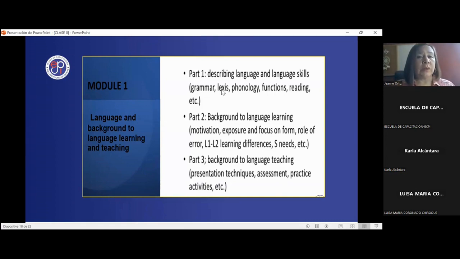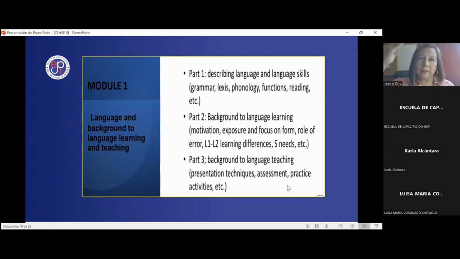Describing language, for example, grammar, lexis, phonology, functions, reading. In part 2, we have background to knowledge. We have what is motivation, exposure, the role of error, L1, L2, so Spanish, English, right? The students' needs. Then we have the background to language teaching, presentation techniques, assessment, practice activities. So in Module 1, we have everything connected with language.